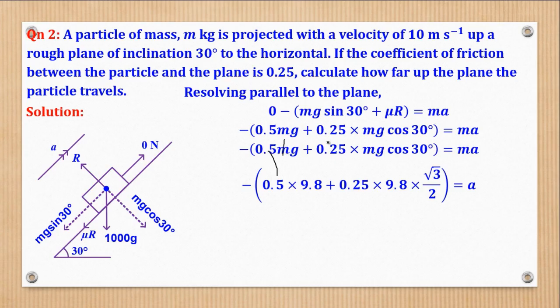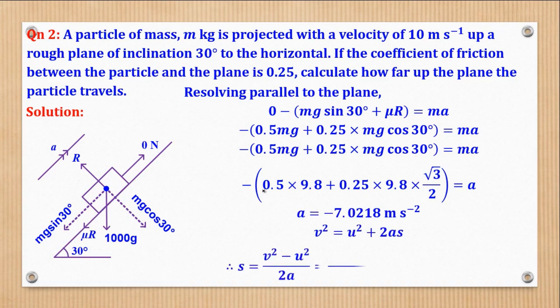So M cancels throughout. So here we have 0.25. You have G cos that is that. Therefore, A can be got. It is a negative, meaning there is deceleration. So third equation of motion, we can get the value of S as that. And that's what they wanted.